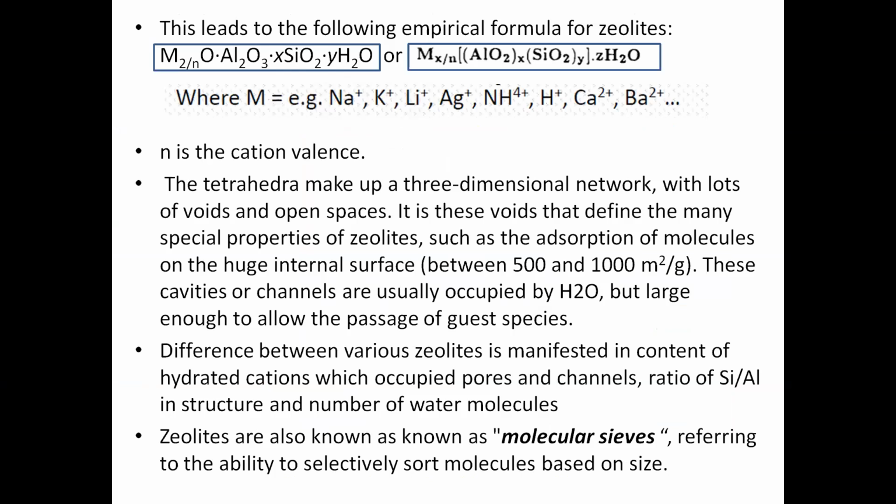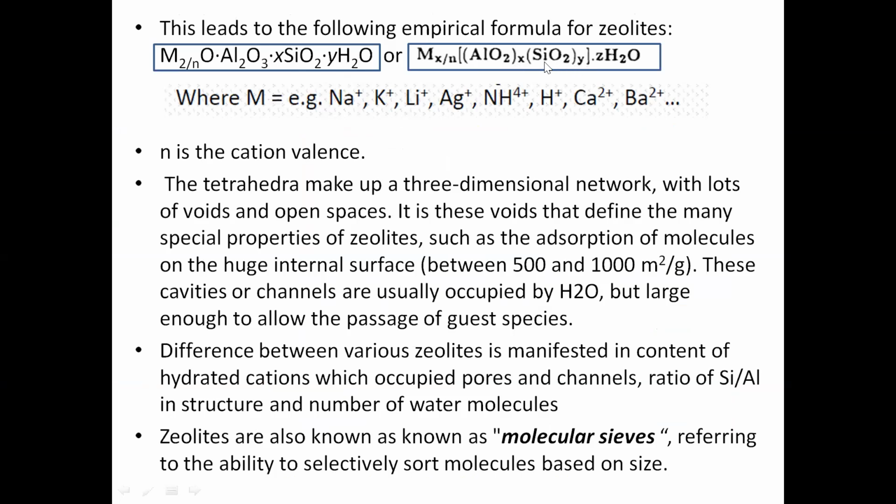So if you consider all these structures, the formula is the following. There are two ways you can write this formula. For example, AlO2 x, SiO2 y. These are tetrahedra.